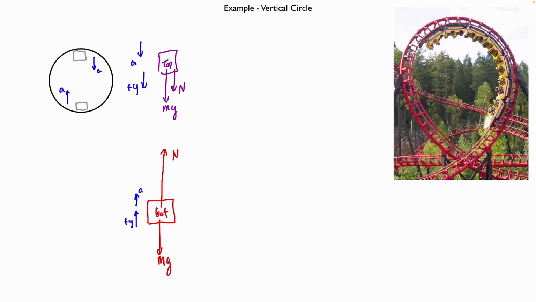All right, let's do the top first. For Newton's second law for the top, ma equals... you tell me what to write. Positive mg. There's no cosine here. I don't see any cosines. Where did we go wrong?